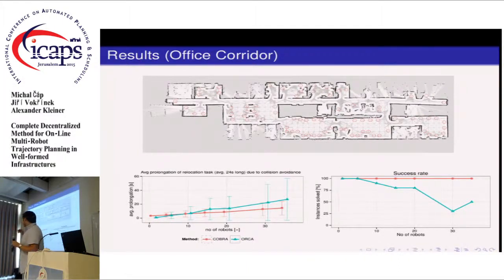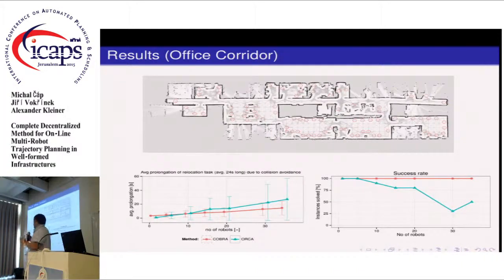We put up to 30 robots into this environment, and we assigned each robot a random destination as a relocation task. When the robot reached the destination, we generated another destination and sent it somewhere else. By doing this, we ensure that the robots are always in motion, going somewhere.